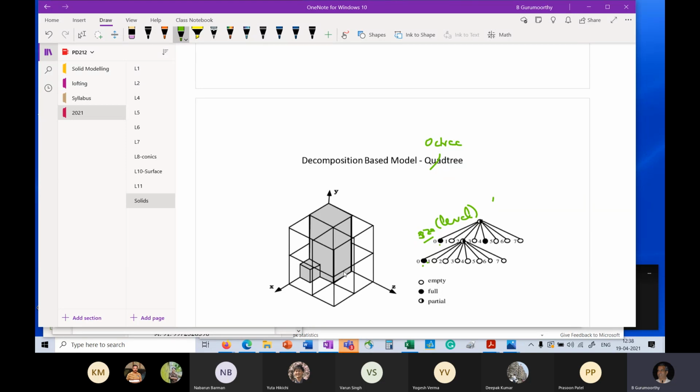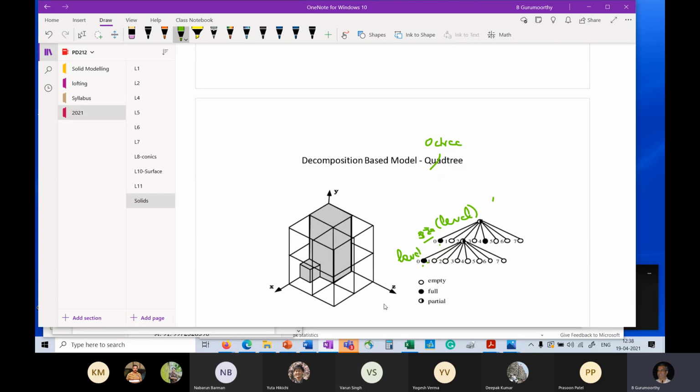So for example, if you're finding volume, if I have 2 here, then the volume associated with them is different. And I have 1 here, the volume associated with that is different. So that has to be kept track of. So the level number has to be constantly associated with these cells. So that's one type of representation.